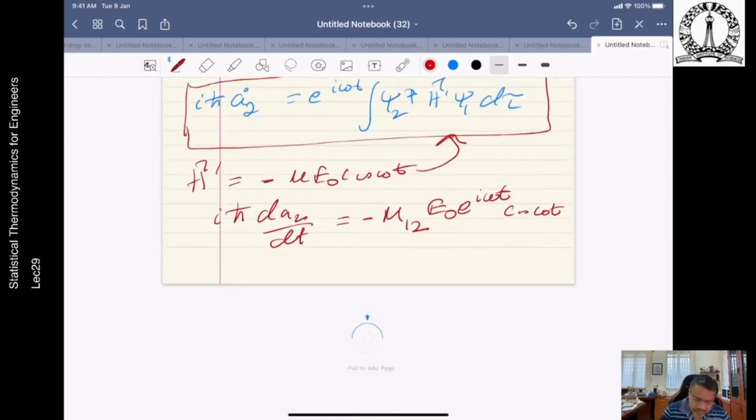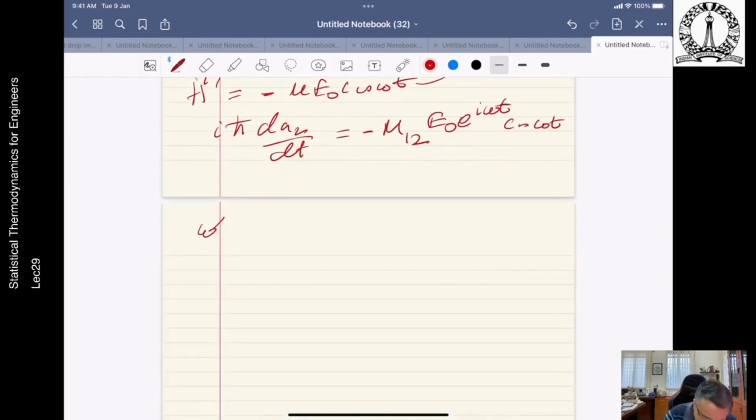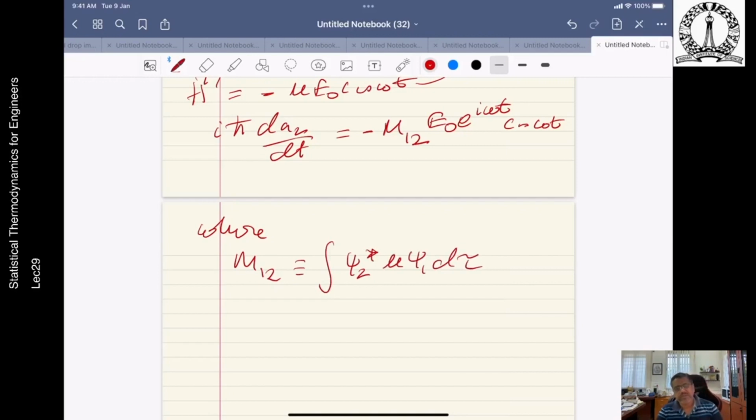And what is M12? M12 is equal to integral chi2 mu chi1 d tau.